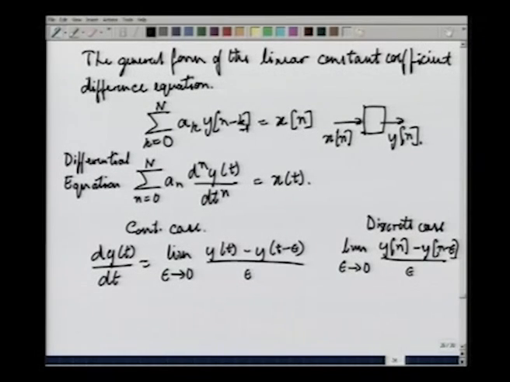But in the discrete case, time which is represented by epsilon can either be 0 or 1 or 2 or minus 1 or minus 2. We cannot have fractional values of time, time is discrete. So, what is the smallest non-zero value for epsilon?